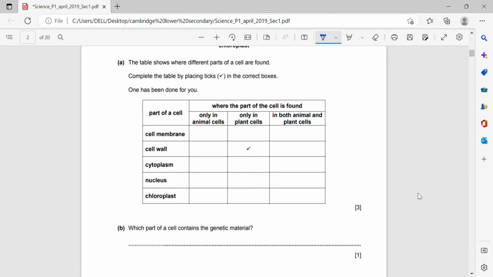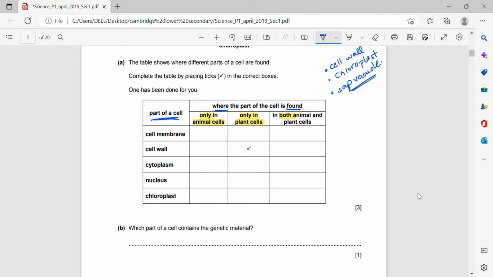So here we have a table regarding the parts of the cell. Here, where the part is found, we have only animal cells, only plant cells, and both plant cells and animal cells. نفتكر كده مع بعض، هما كان في بس 3 parts اللي موجودين في البلانت سيل مش في الانيمال سيل لما عملنا مع بعض الفين دياجرام. هنلاقي أول حاجة فيهم السيل وول، تاني حاجة الكلوروبلاست، تالت حاجة الساب vacuole.